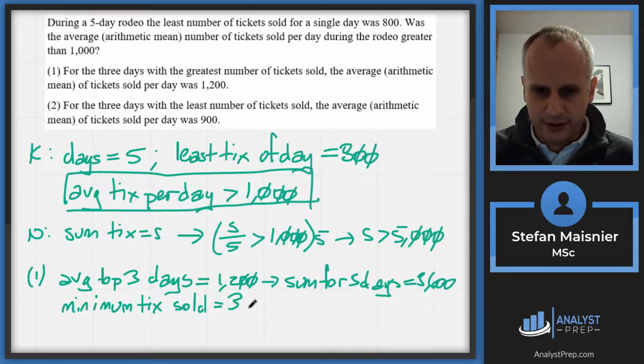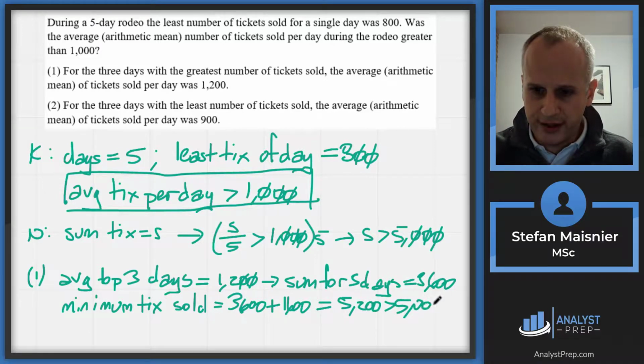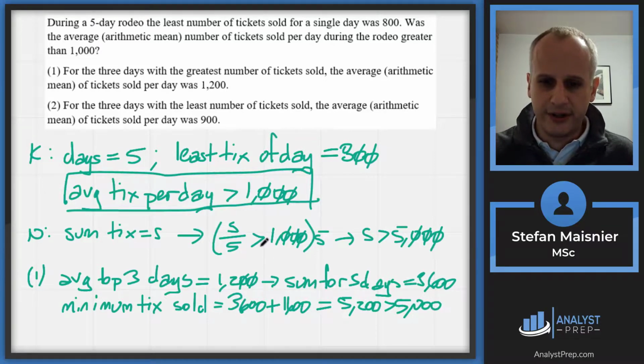So 3,600, plus 1,600, which is going to be equal to 5,200. And of course, that's greater than 5,000. So sure enough, algebraically, we already know that condition 1 is sufficient, because we determined that the sum is going to be greater than 5,000, meaning that our answer choices remaining are either A or D.